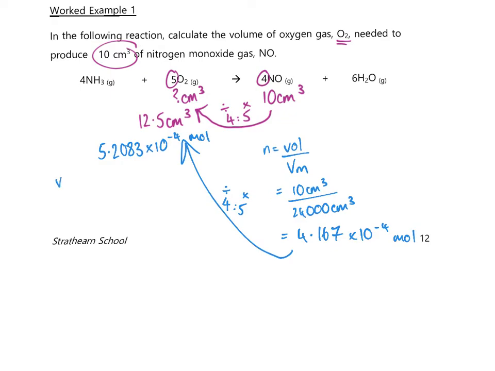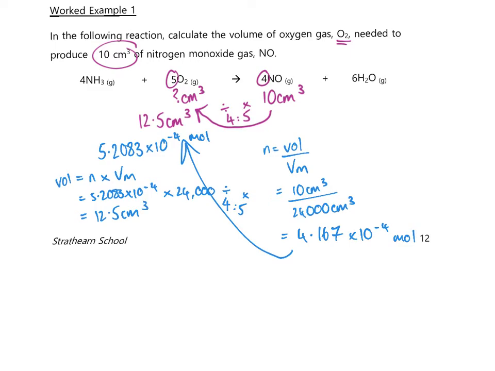And then what we would do is work out our volume by doing volume equals n times our molar gas volume, which again would be 5.2083 times 10 to the minus 4 times by 24,000, because we would want to convert it back to centimetres cubed. And that's assuming that this is at room temperature and pressure. Put that into your calculator and it works out as exactly 12.5 centimetres cubed.